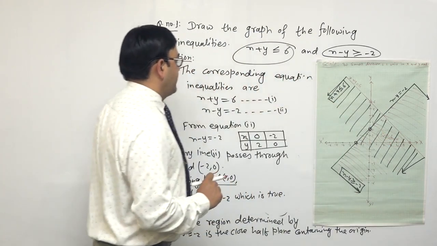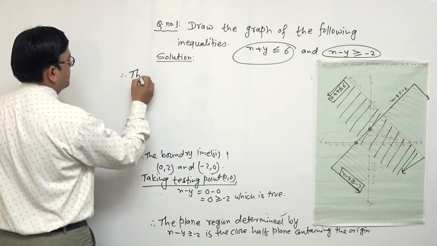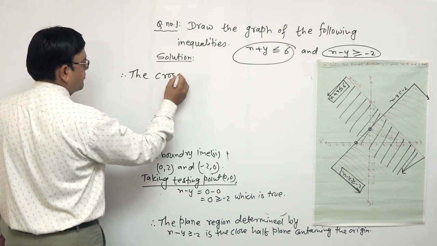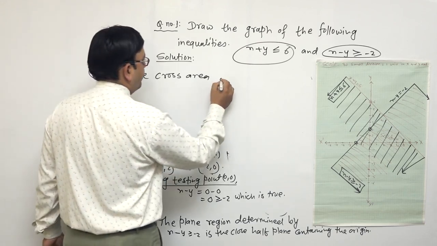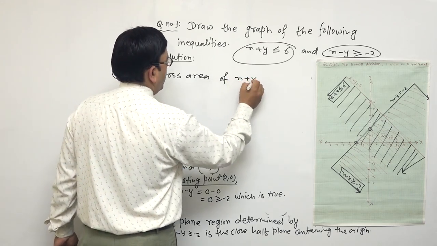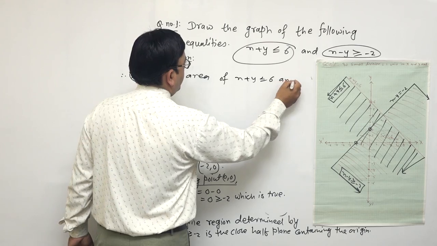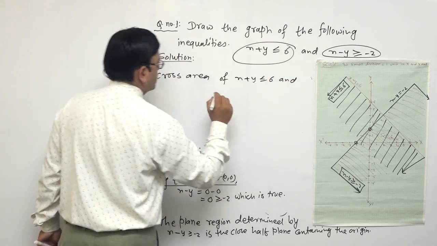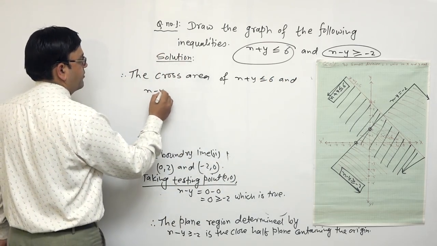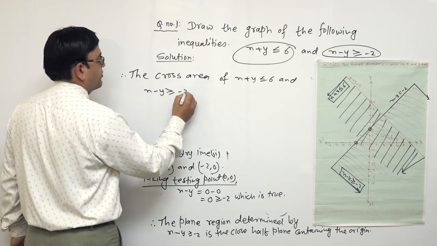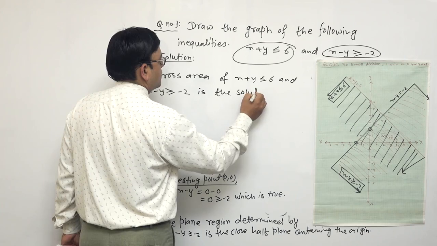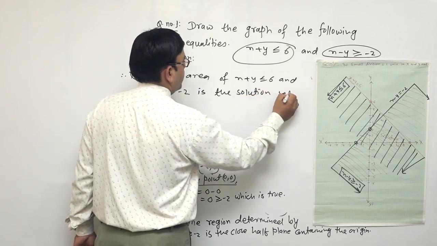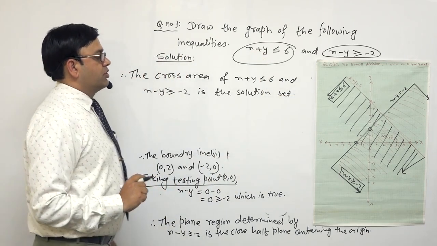So we have to write, therefore the cross area of x plus y less or equal to 6 and x minus y greater or equal to -2 is the solution set. In this way we solve this question.